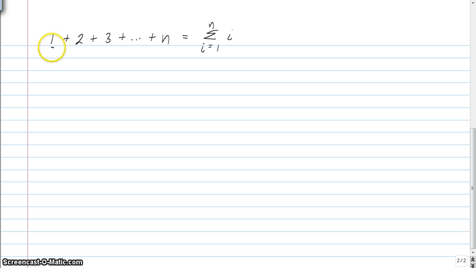It's start with 1, then go to 2, then go to 3, and stop when you get to n. And in fact, there's an equivalent form to write this sum, and it can be expressed as n times n plus 1 over 2, right? So why would we want to know this? This is used a lot, very useful in math and computer science.